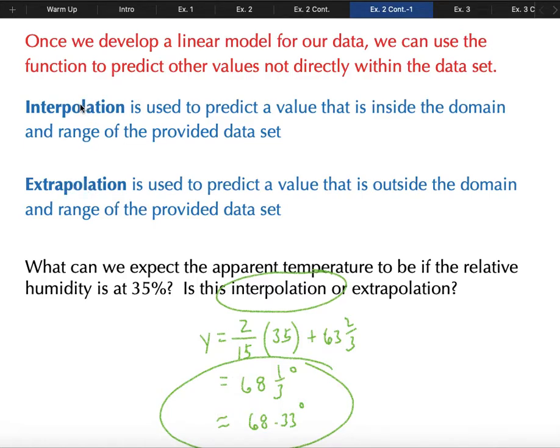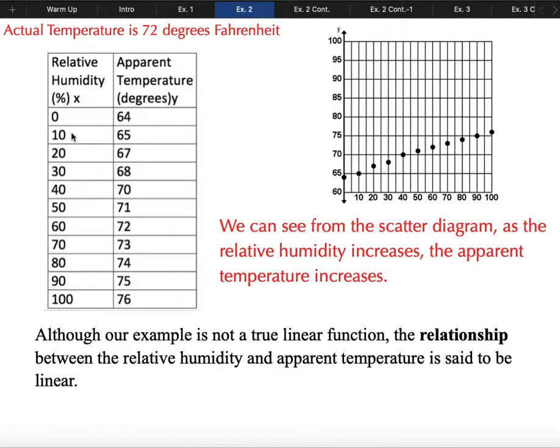All right. Interpolating means you're predicting a value that is inside the domain and the range of the data set. Okay, so if we went back and we looked at our table here, our domain stretches from 0 to 100%. Okay, and then the range is anything from 64 to 76.